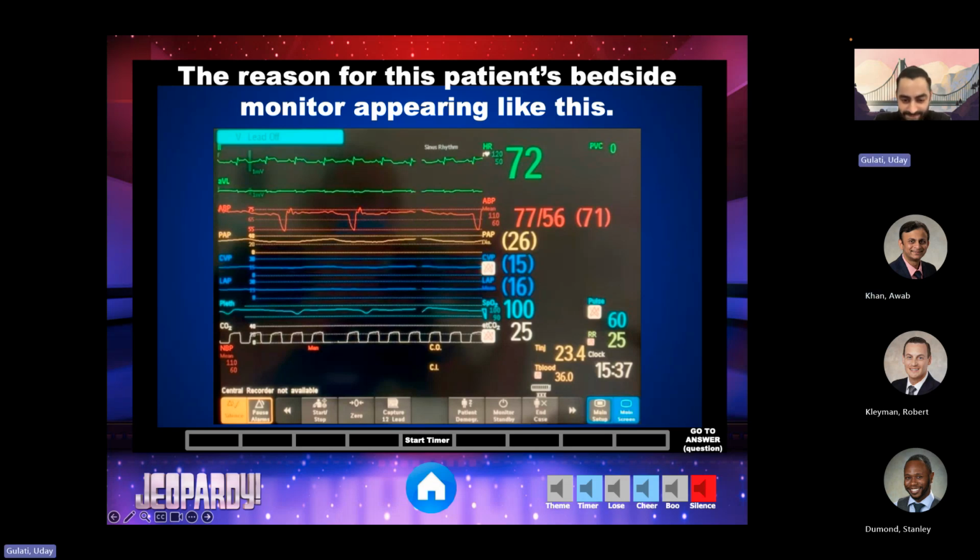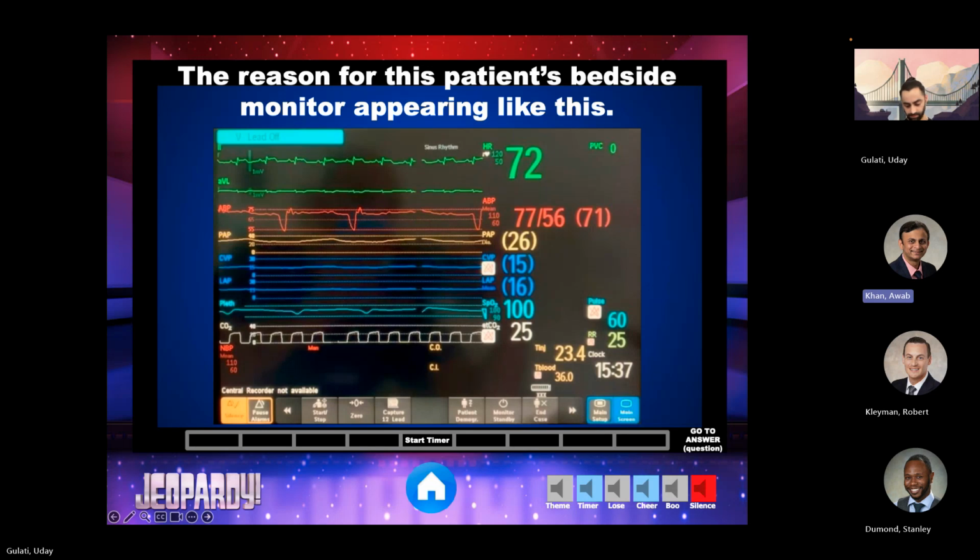You guys want the answer? The pulse ox is also going with the A-line as opposed to the ECG.